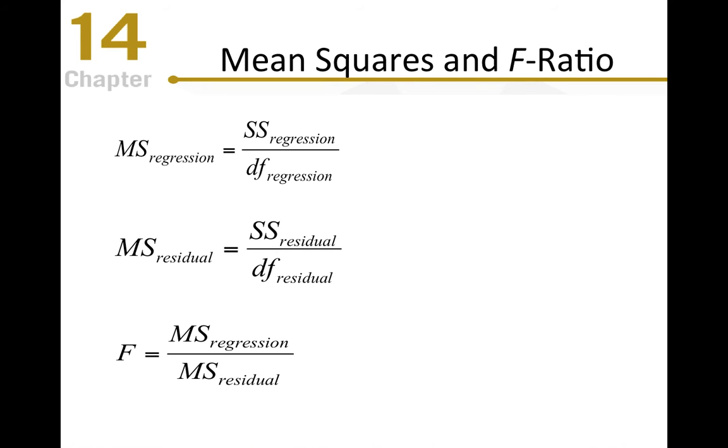And so how do we calculate the mean square and the F ratio for a regression? Well, we're going to eventually have to get down to this equation right here, which is the mean square of the regression over the mean square of the residual. So the mean square of the amount of variance that is accounted for by the equation over what is not accounted for by the equation. And so for the mean square of the regression, what we're going to use is the sum of squares of the regression divided by the degrees of freedom for regression.